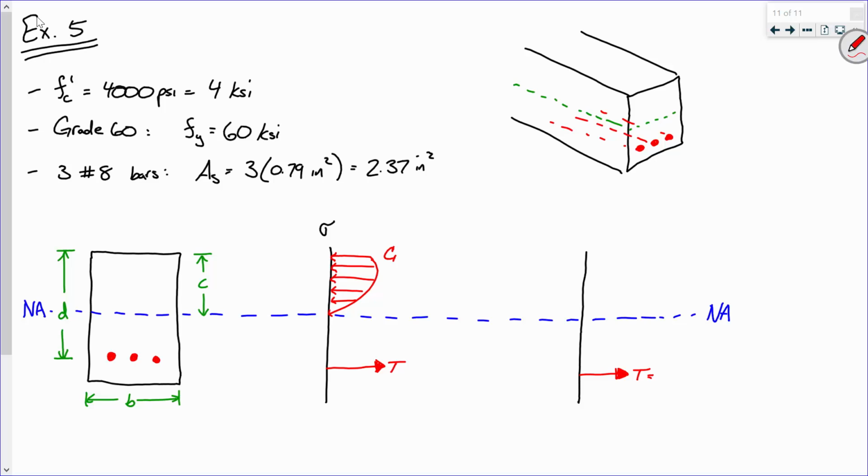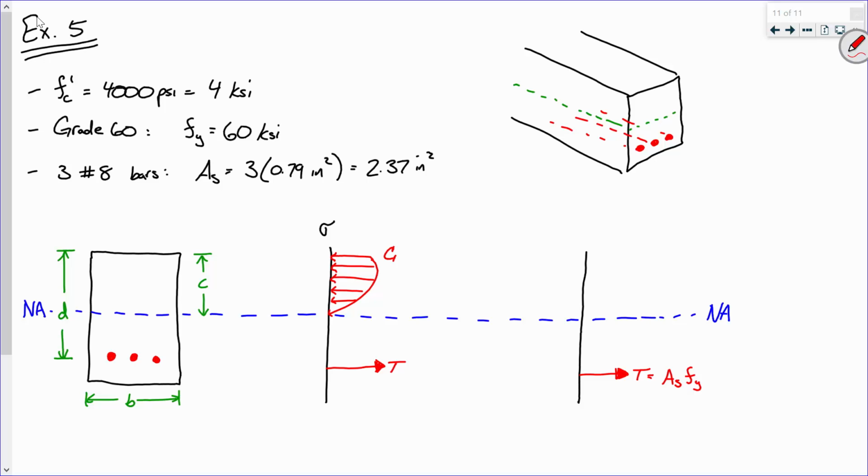Now that stress must be over a given area. And ultimately, what's that area going to be? Area of the steel. So, yeah, exactly. So I propose that to compute this tensile force, it's got to be AS FY. Sound good? Okay. Now, that's the tensile force.